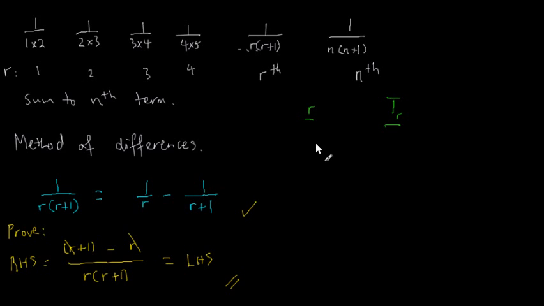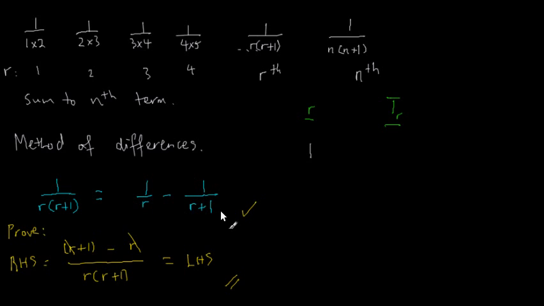So when r is 1, it's just this one, or I can use this formula with r replaced by 1 in order to get the first term, because this is the same as the r-th term formula.